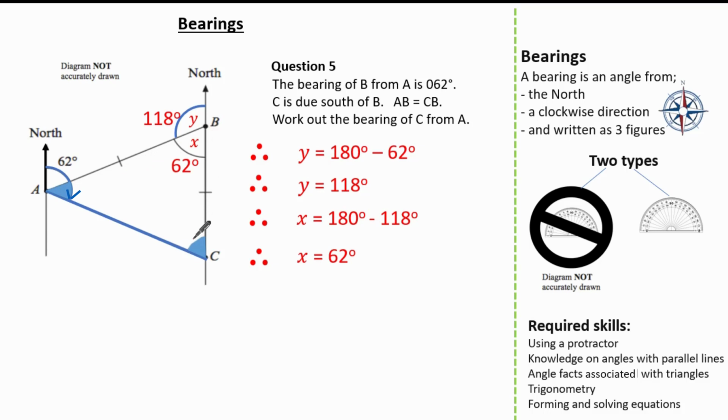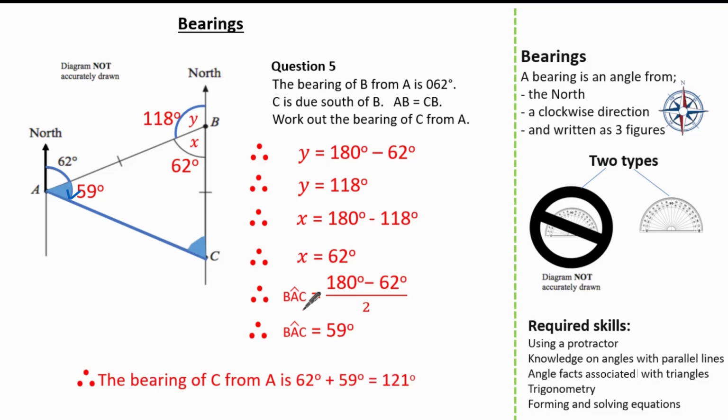Given we know the sum of angles in a triangle is 180 degrees, angle BAC is 180 subtract our 62, divided by 2, giving us an angle of BAC being 59 degrees. Therefore, the bearing of C from A is 62, add our 59 to give me 121 degrees.